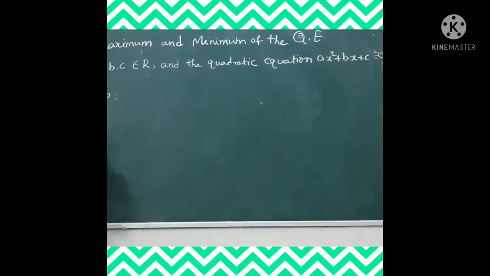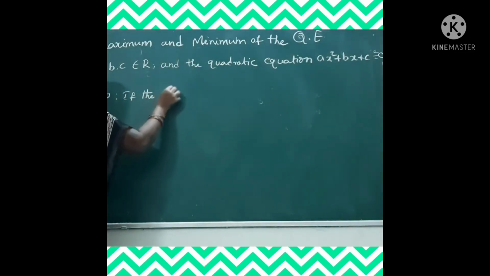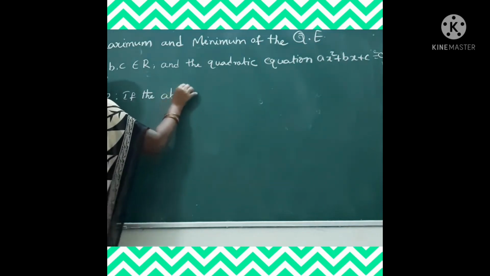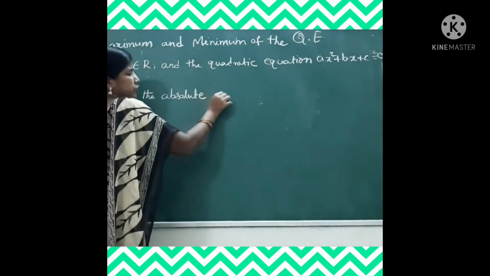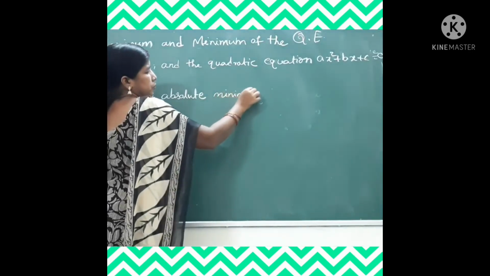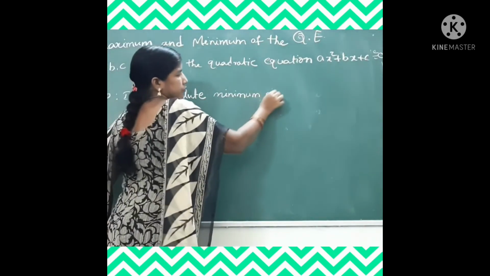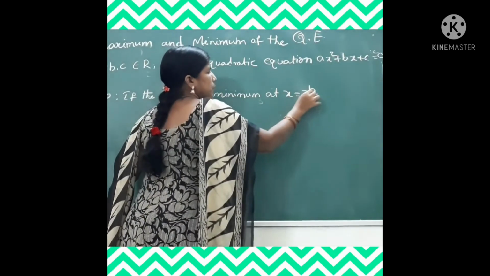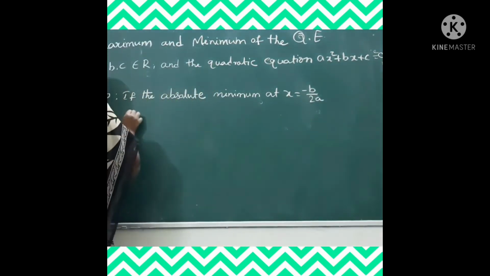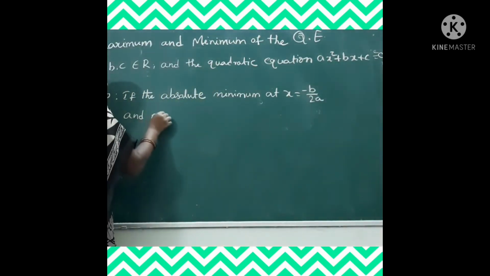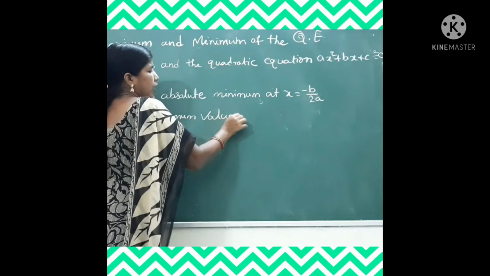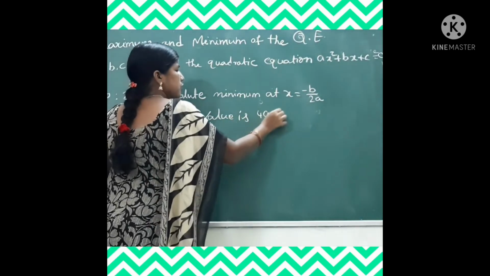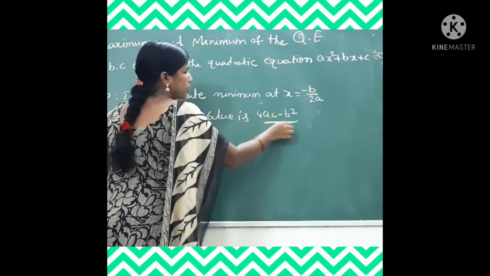If a is greater than 0, the absolute minimum is at x is equal to minus b by 2a, and the minimum value is 4ac minus b square by 4a.